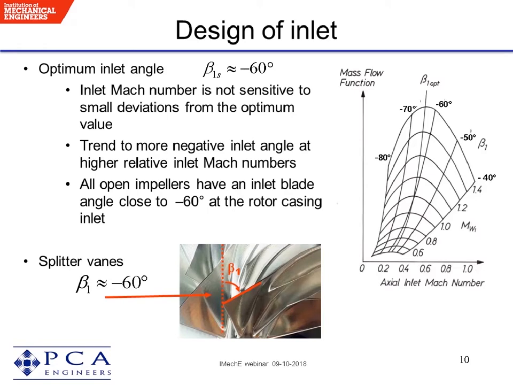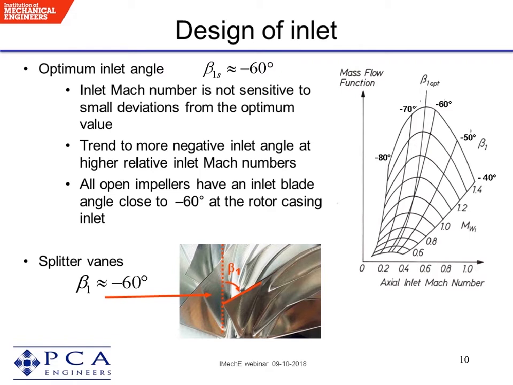Now, this analysis can be pursued further to give the diagram on the left shown here. This shows the mass flow in a non-dimensional form against the axial inlet Mach number and how this varies for different blade angles at inlet.